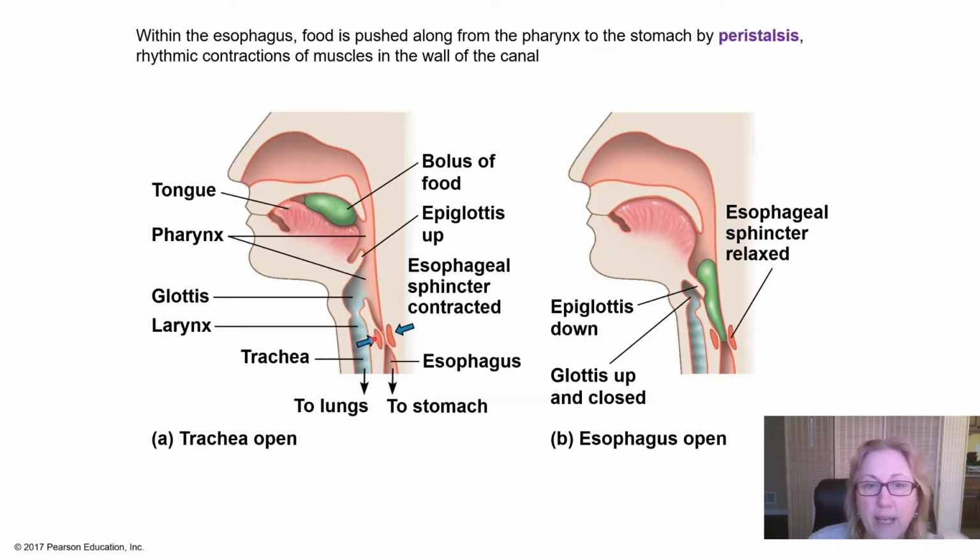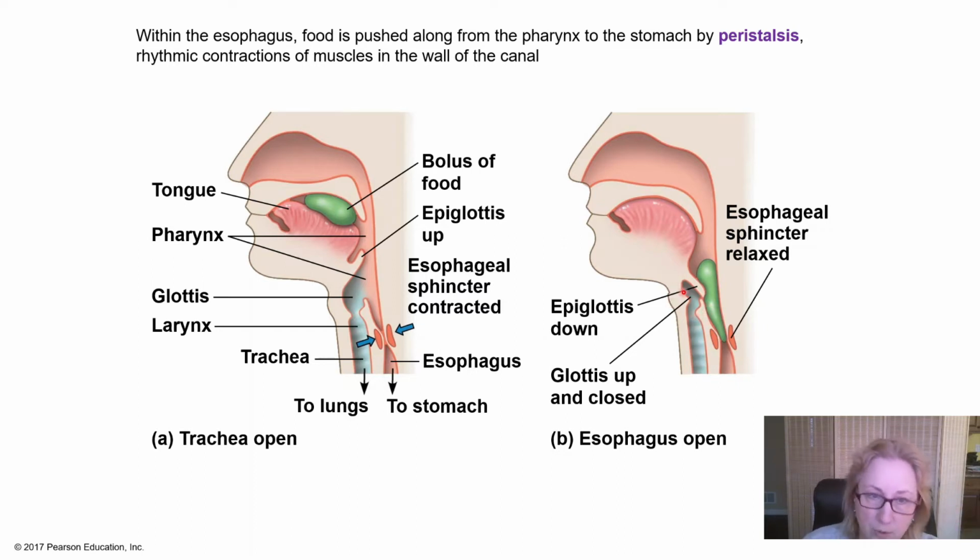So we have a problem that not all mammals have, and that is that there's a chance that food is going to end up going down the trachea. So the pharynx is up here. The pharynx is where you can have both air and food, and then these two compartments are separated. And there's a little flap of tissue, the epiglottis, that prevents food from going down into the trachea.